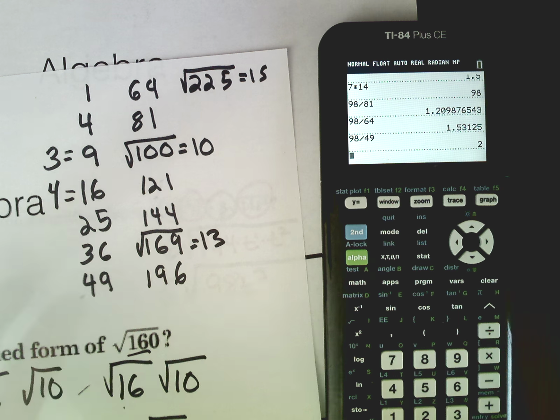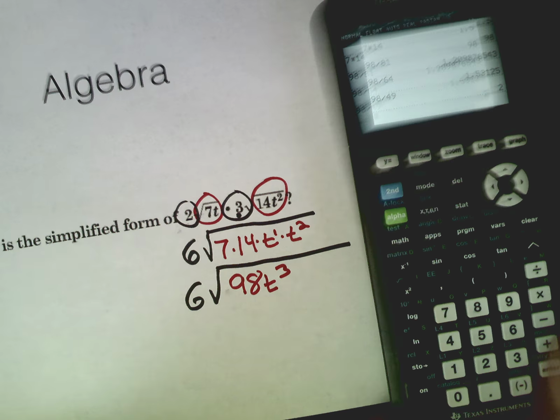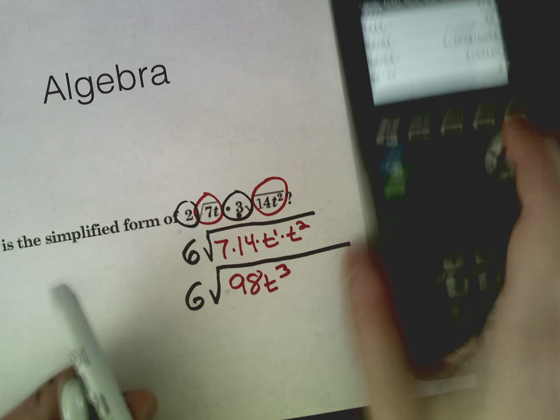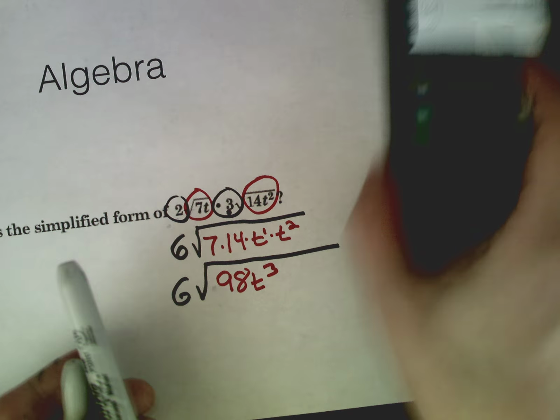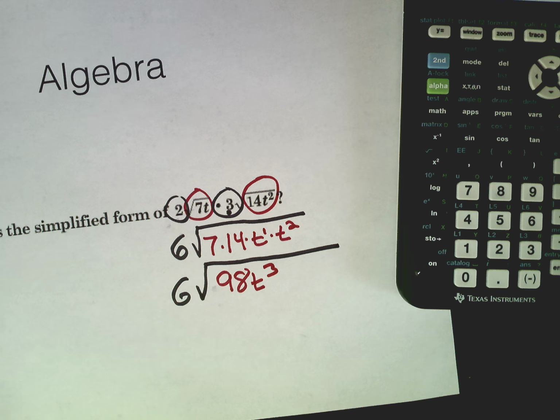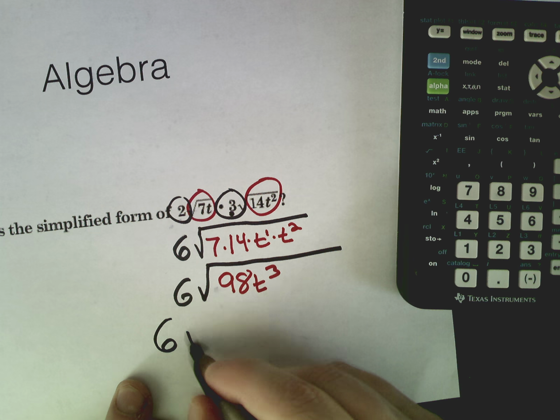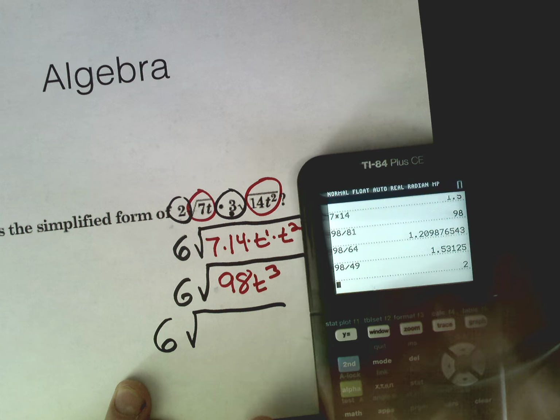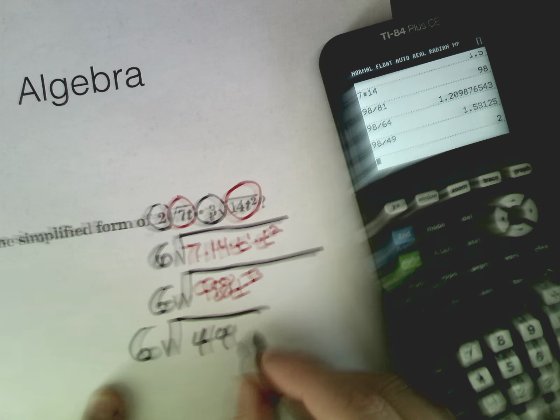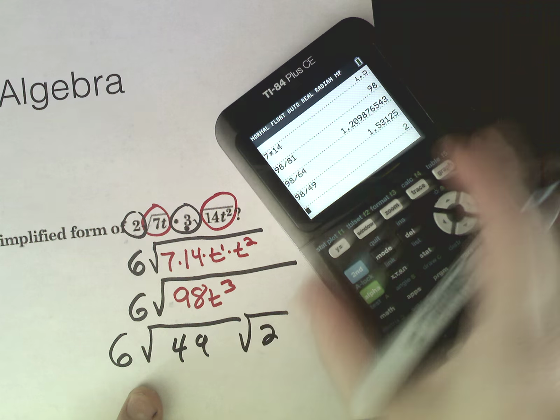Boom, there we go, 2. So this 98 is really, let's bring the 6 down, square root of 49 and square root of 2.